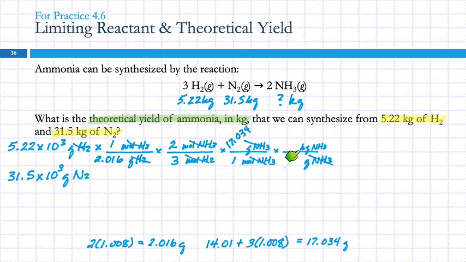And then here, we have kilo in the numerator, we need to put what it means in the denominator. 1 kilogram is 1 times 10 to the 3rd grams. That gives .403 kilograms.